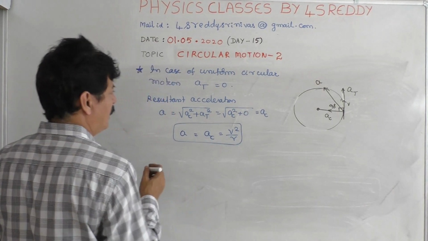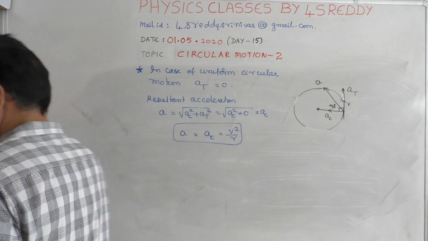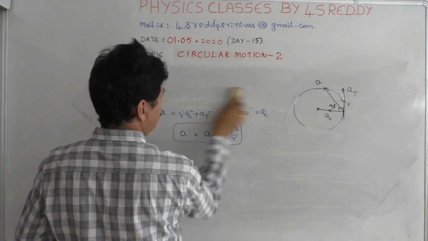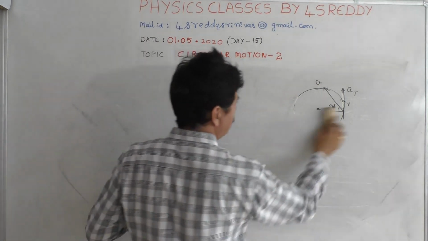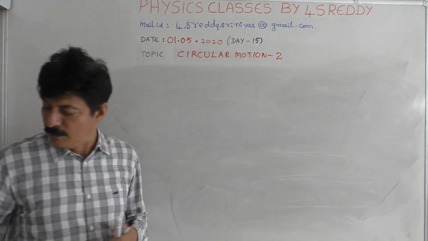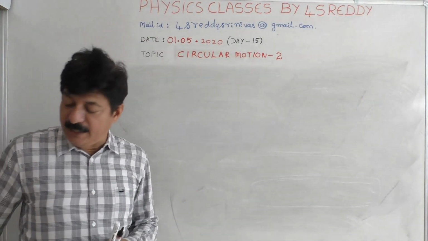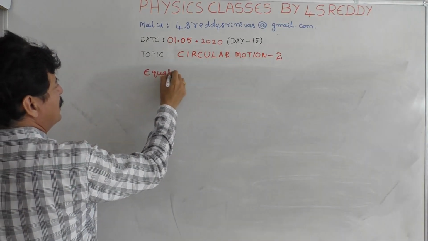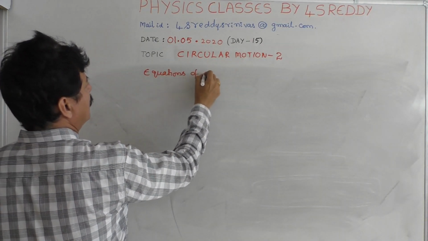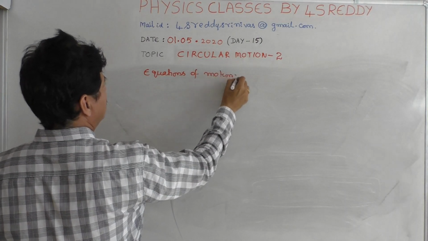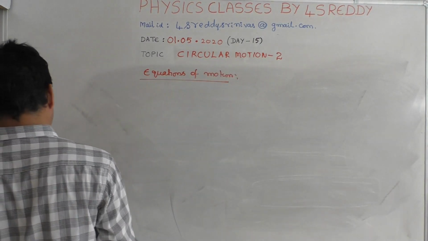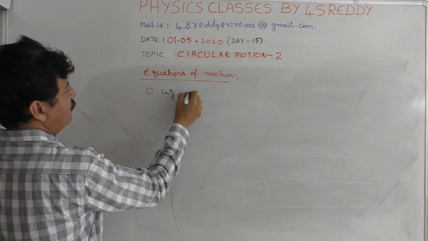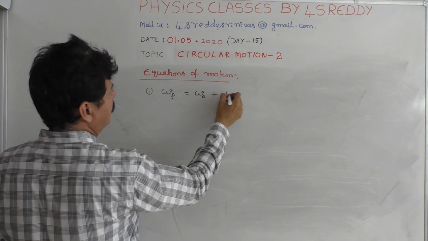And finally, what are the equations of motion? The other one is equations of motion. In that, the equations of motion related with the angular quantities are given by, the first one is omega f is equal to omega naught plus alpha t.